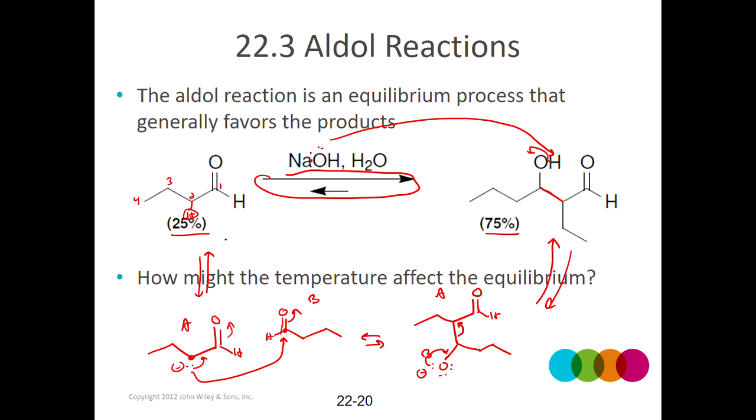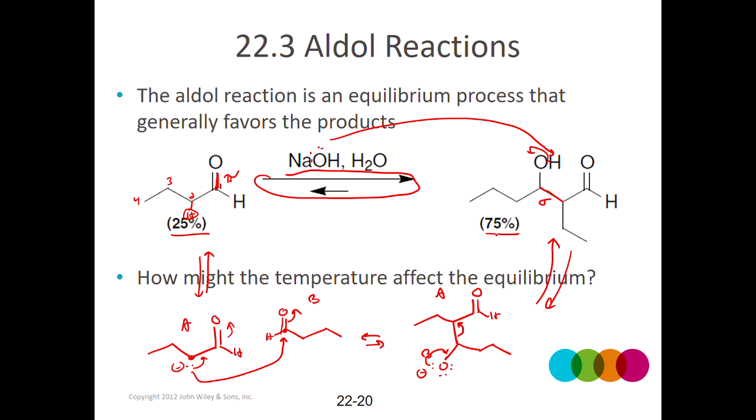So let's talk about this equilibrium and why it favors the product side. What are some of the factors that cause it to favor the product side? Well, one is we're converting a pi bond into a new sigma bond. Sigma bonds are generally more stable than pi bonds due to the electron density sitting between the nuclei more effectively.